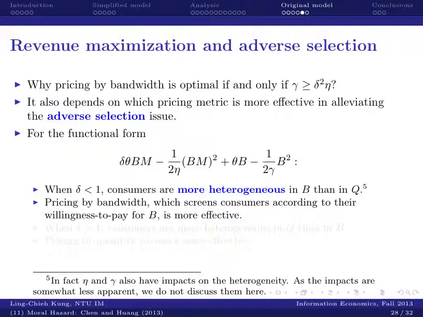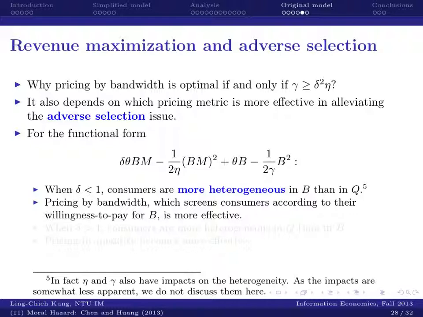So if delta is smaller than 1, then pricing by bandwidth, which screens consumers according to something related to B, will be more effective. You have two parts of hidden information: hidden type delta theta and hidden type theta.